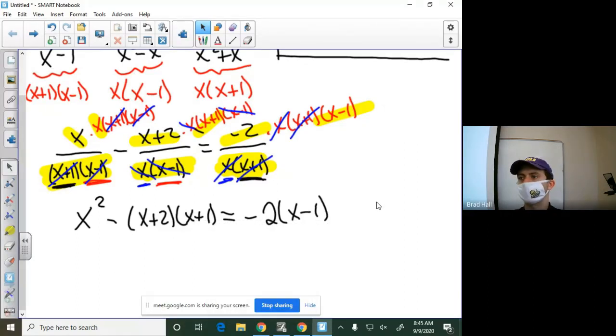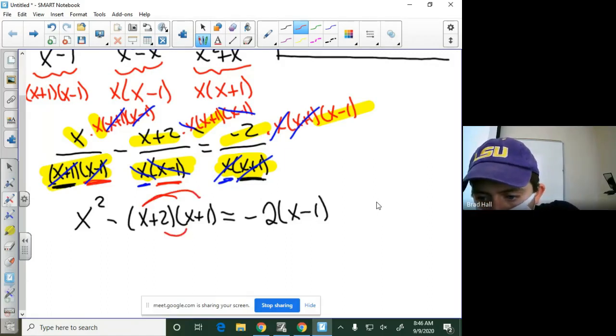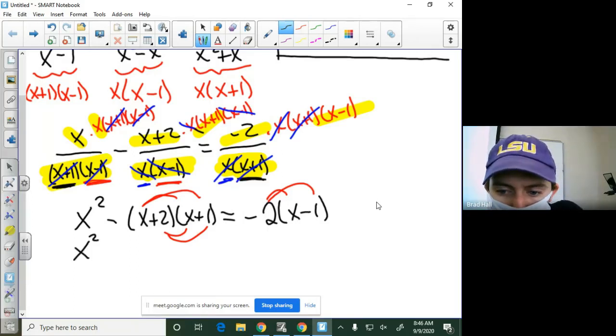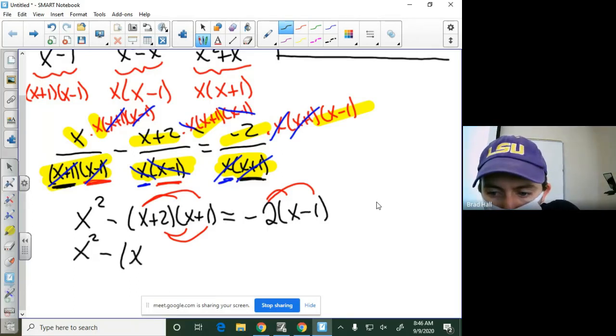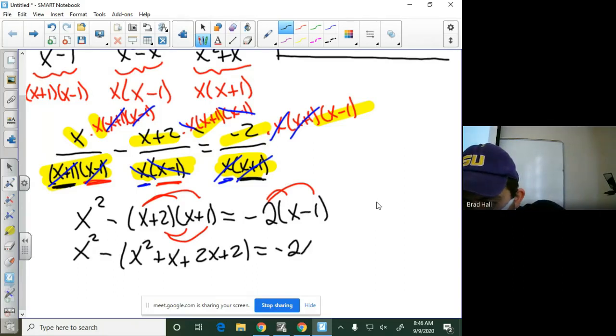And from here, all the fractions are gone. And so now we just have to apply the final algebraic steps. FOIL over here. Distribute over here. That'd be x squared plus x plus 2x plus 2 is equal to -2x plus 2.